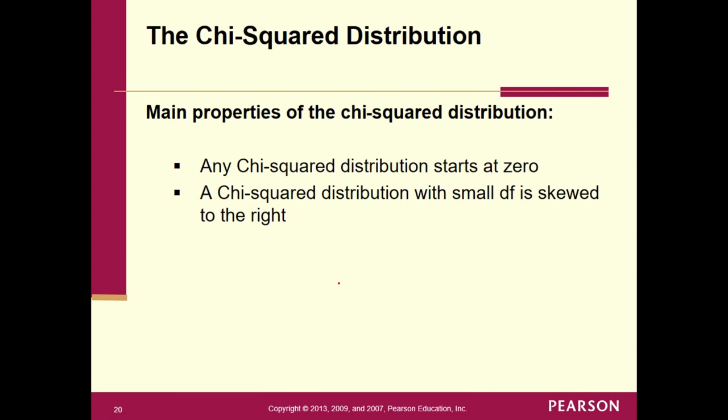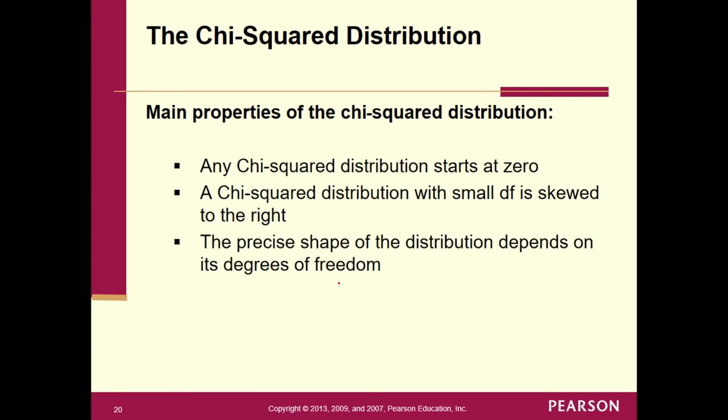Chi-square distribution with small degrees of freedom is skewed greatly to the right. That's different too, because well, the binomial could be skewed, but certainly the standard normal and the t were perfectly symmetrical. The precise shape of the distribution depends on the degrees of freedom. That's kind of like the t. Remember, there's a family of t distributions.